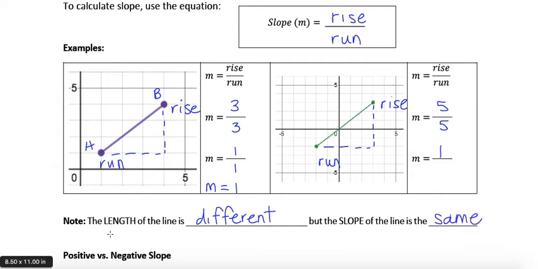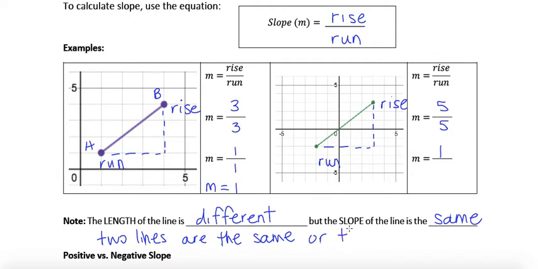When the lengths of your lines are different but the slopes are the same, one of two things happens. Either the two lines are the same, so they lie one on top of another, which this one will, or the lines are parallel.